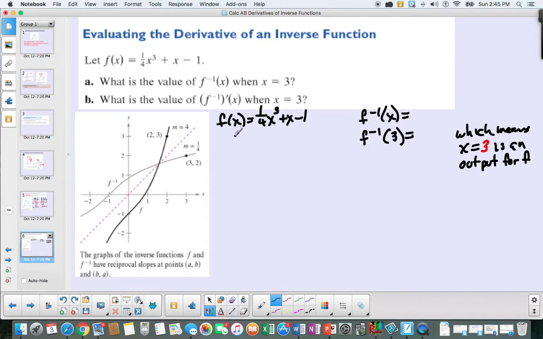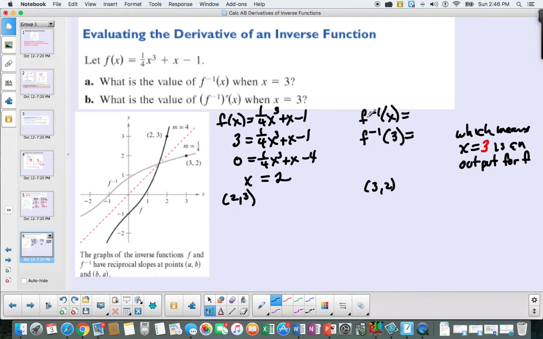So I'm going to put a 3 in here, and I'm going to have 1/4 x cubed plus x minus 1. 0 equals 1/4 x cubed plus x minus 4. And the x that works is 2. Okay, so I know the point (2, 3) is in this function, and I also know the point (3, 2) is in this inverse function, even though I don't know what it looks like.